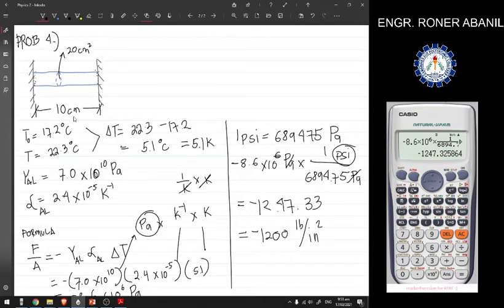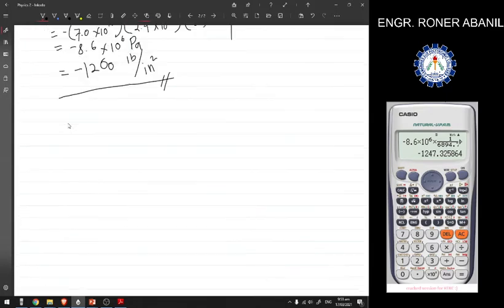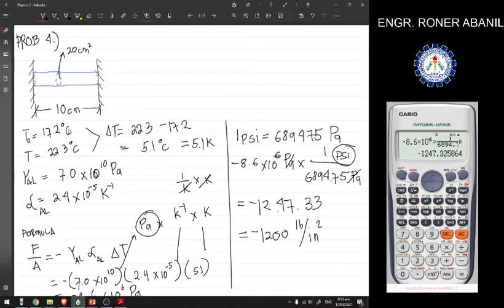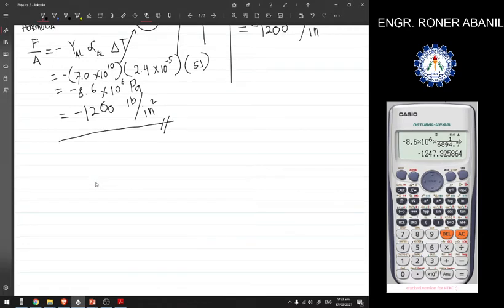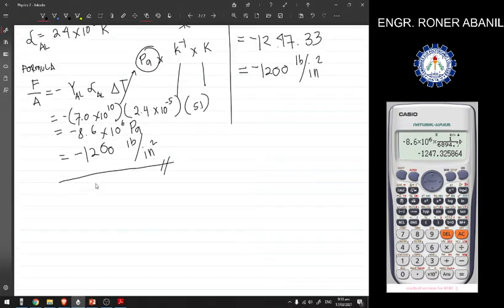Tapos, ang susunod nating problem is yun namang total force exerted by the walls. So, yung force na binibigay dito. Okay? So, dito, madali na lang 'to, no?